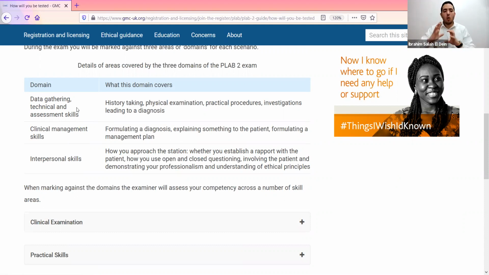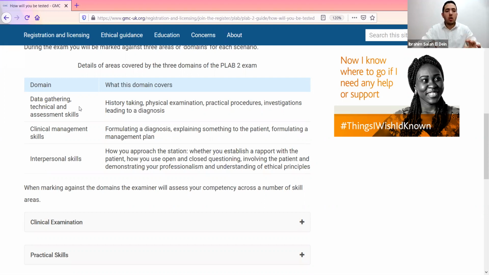Okay, so we are dealing with a real patient in the clinic, but we also need to deal with the whole situation as it is an exam. So we need to make a balance between both of these.